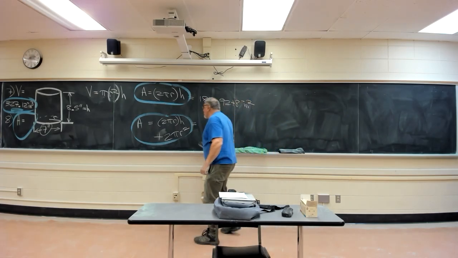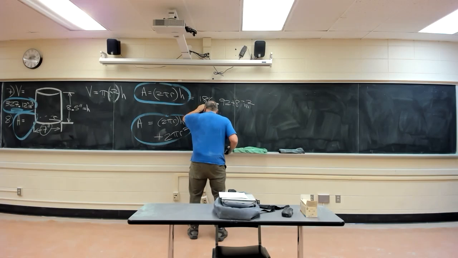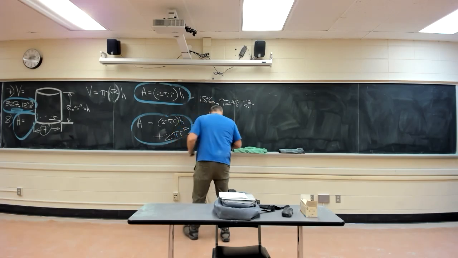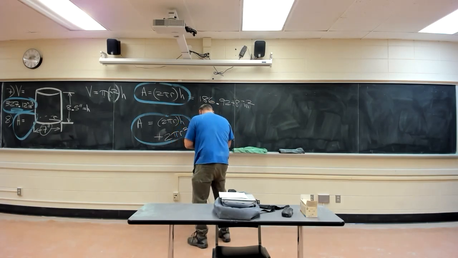This one right here is going to be that same answer, but then you're going to add this to it. Plus, let's see what we got here. Times 3.5 times 3.5.